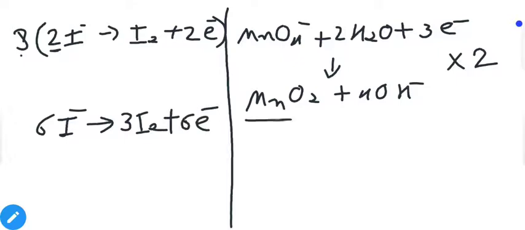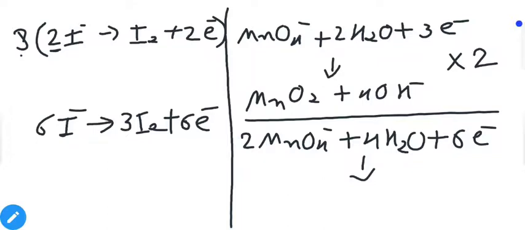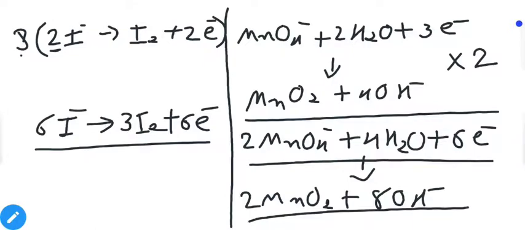And for reduction half reaction, when we multiply it with 2, you will get 2MnO4 minus plus 4H2O plus 6 electrons. It will produce 2MnO2 plus 8OH minus. So these are our complete balanced half reactions.